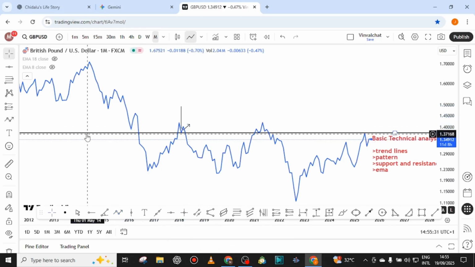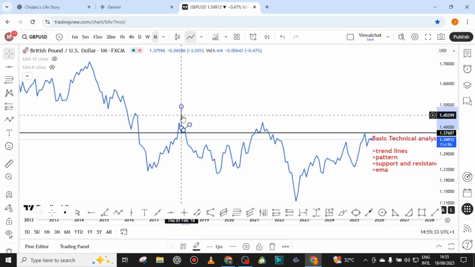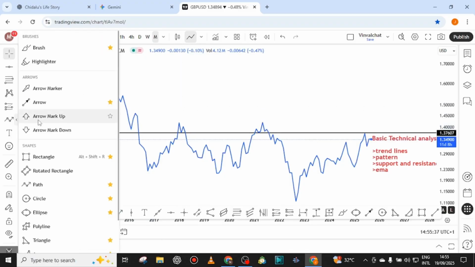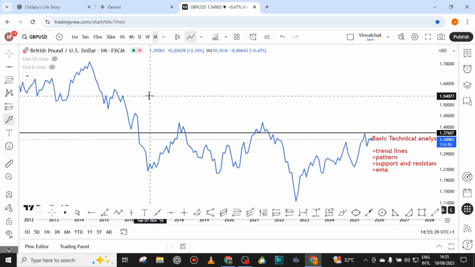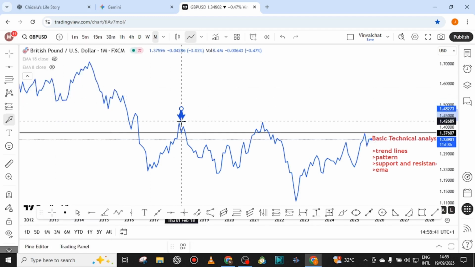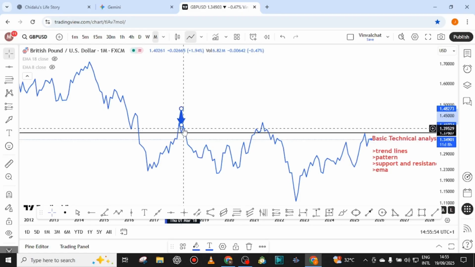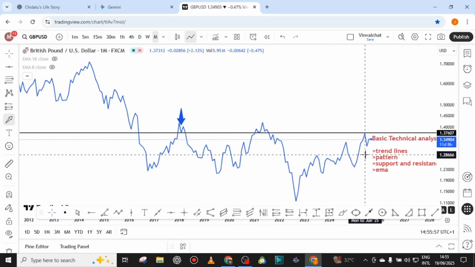Let me use the arrow to show you what I mean. There is a touch on the line. You draw the line at any position where you can see the line chart touch the line, and then beneath there is also another touch.